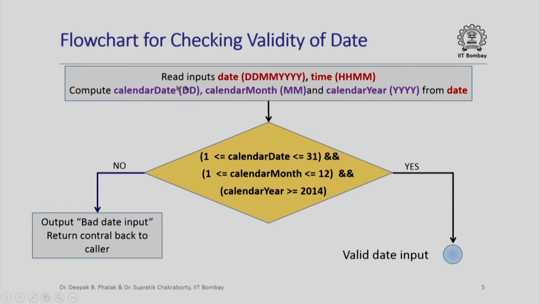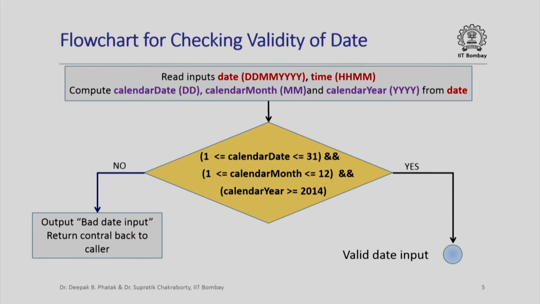Now once we have computed these three things in some manner, which we will see in a couple of slides, we then want to check if the calendar date lies between 1 and 31, if the calendar month lies between 1 and 12, and if the calendar year is sometime at present or in the future.